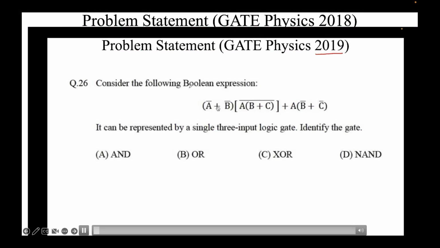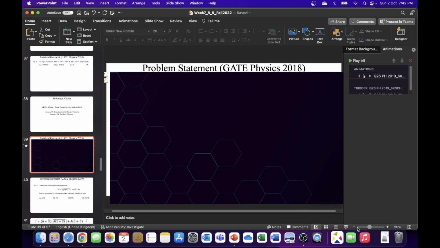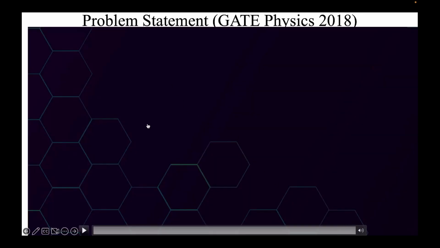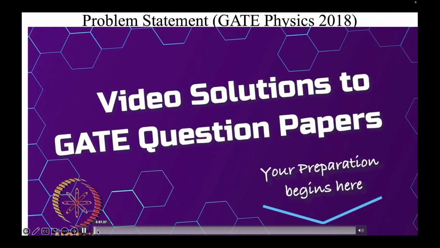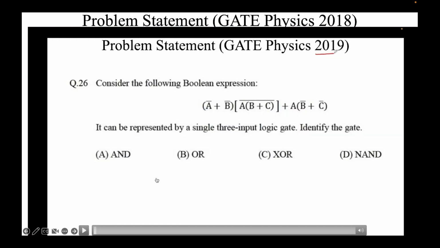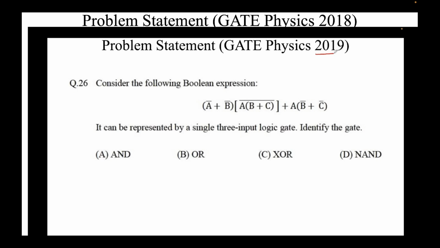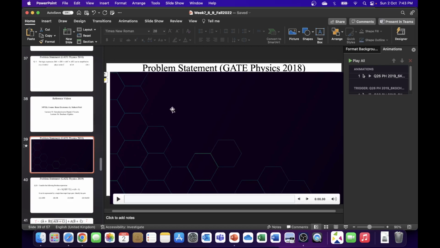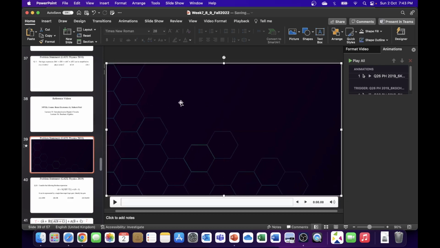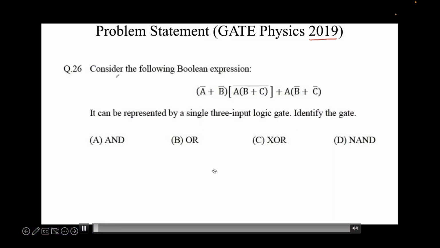Consider the following Boolean expression. Are you guys also seeing a double screen, or is it just me? No, sir. What's written on your screen? Yes, sir, there are two screens, Problem 2019 and 2018. Okay. Now it's fine, right? Yes, sir.